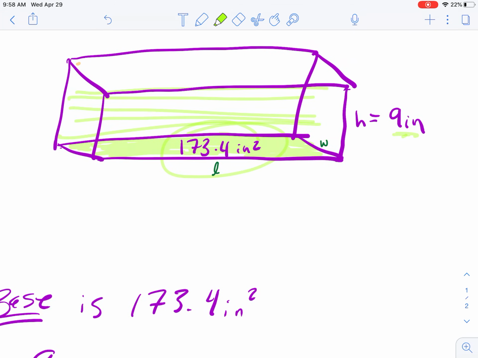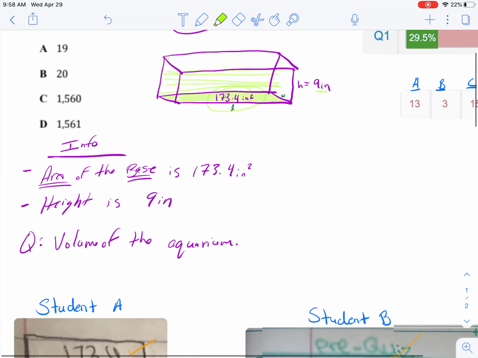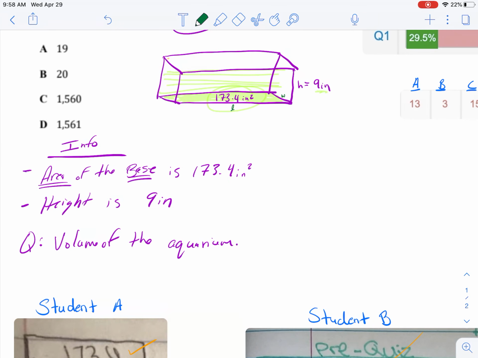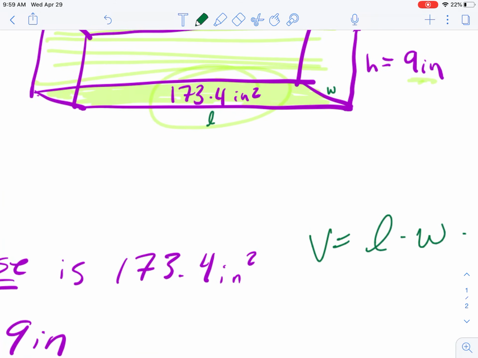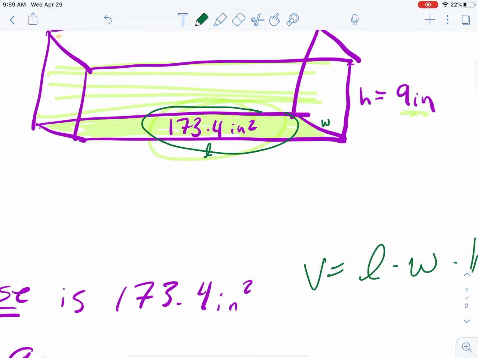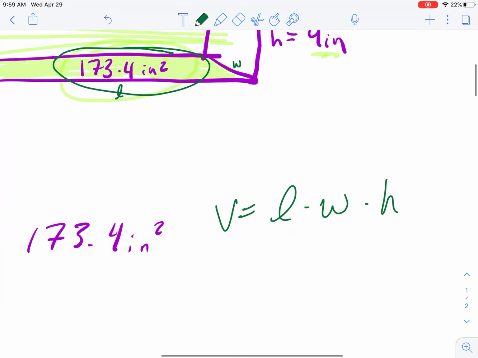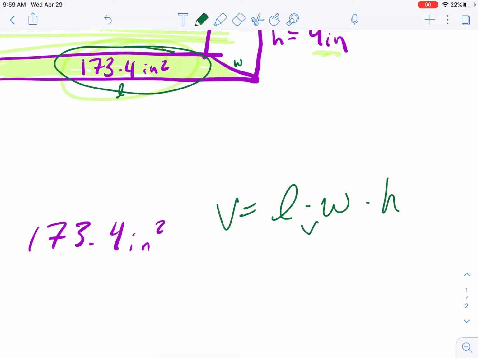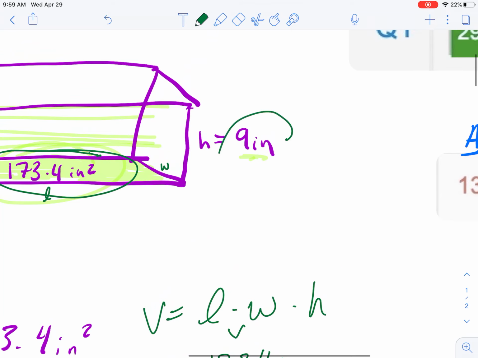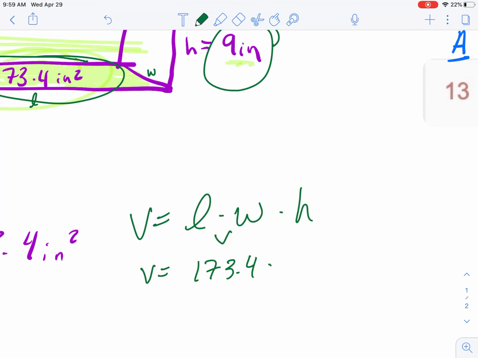And hopefully you guys are seeing this connection, because we know that in order to find volume, we must know the length times width times height. However, in this situation, we're already being given this area of the base, which is represented by multiplying length times width, which is equal to 173 4/10.